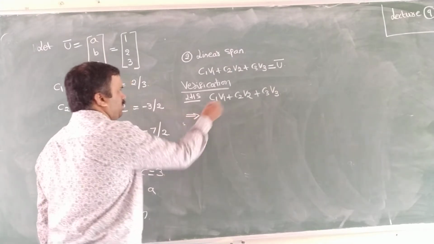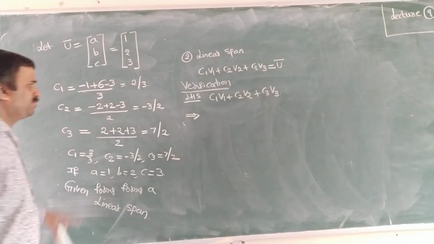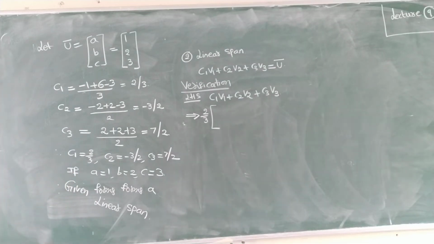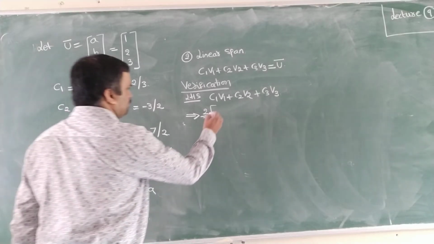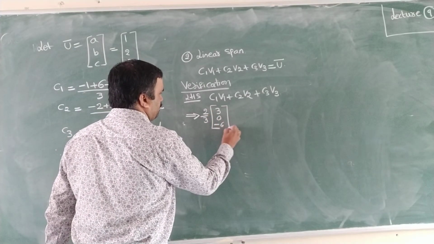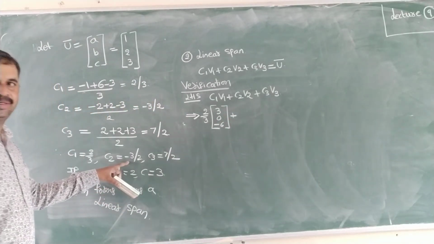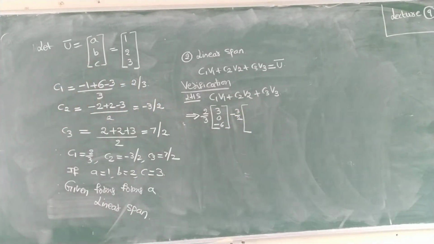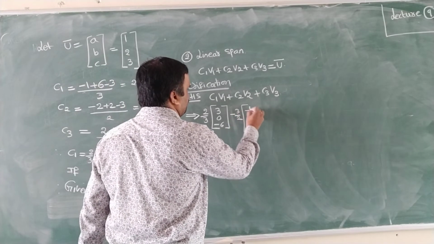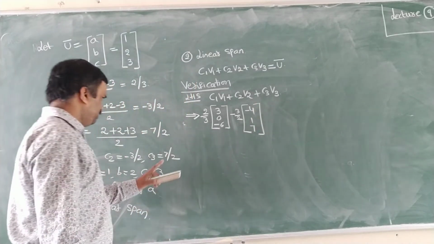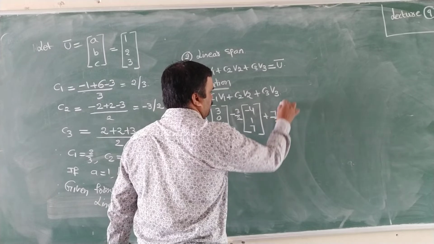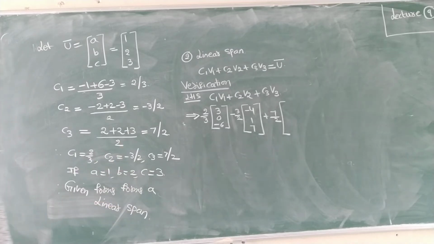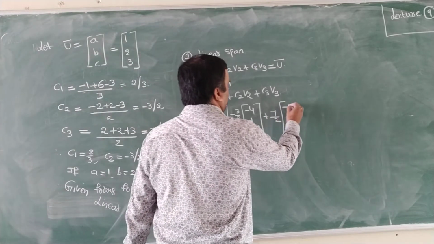C1 we already have as 2 by 3, times V1. The V1 vector we already have as (3, 0, minus 6), plus C2, minus 3 by 2, times V2, the second vector, (minus 4, 1, 7), plus C3, 7 by 2, times V3, the third vector, (minus 2, 1, 5).